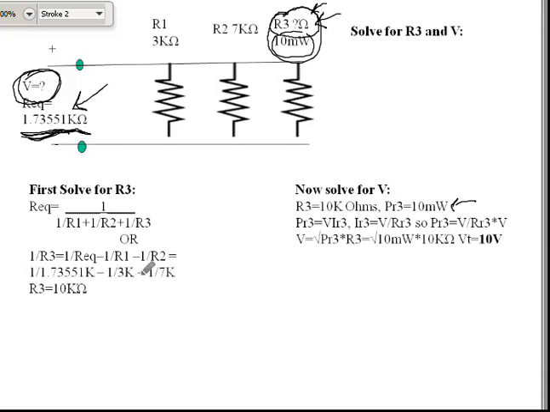So what you're going to find is, you take the conductance of R3, which is going to equal the total conductance, so 1 over 1.73551 k ohms.